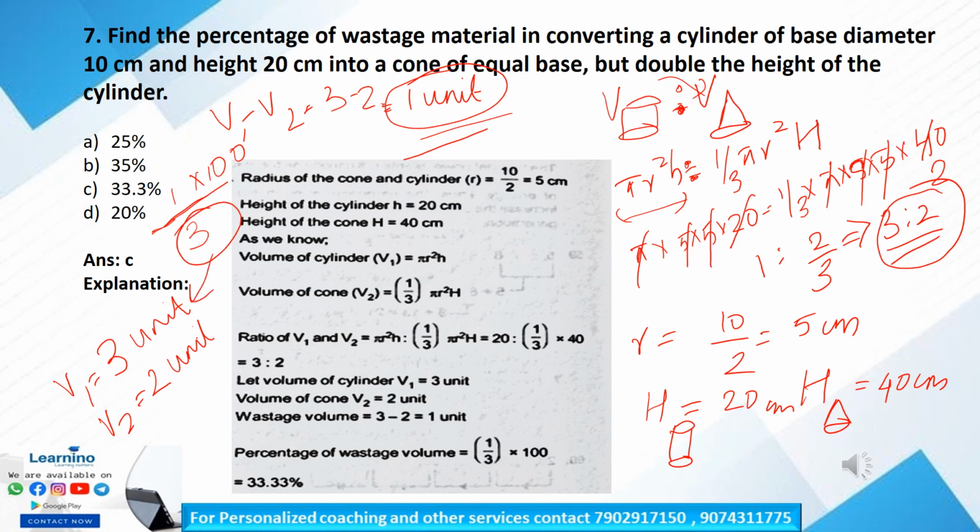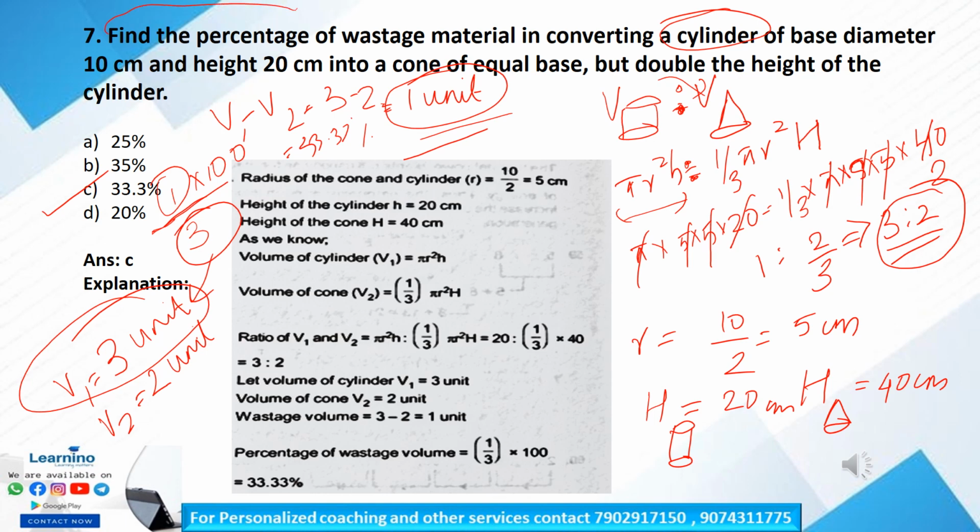So 1 is the total wastage, volume of the cylinder minus volume of the cone, divided by what we have converted to a cone. The cylinder is converted to a cone, so the volume of the cylinder is obtained as 3 units. So 1 by 3 into 100 is equal to 33.33%, that is C. Option C is our answer.